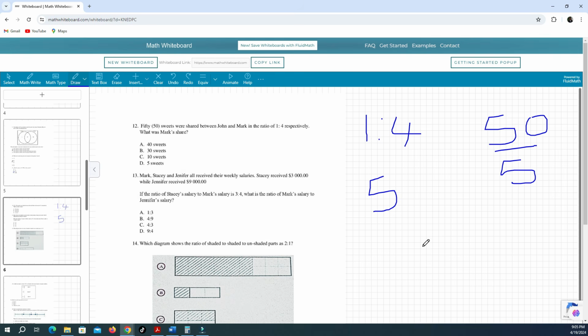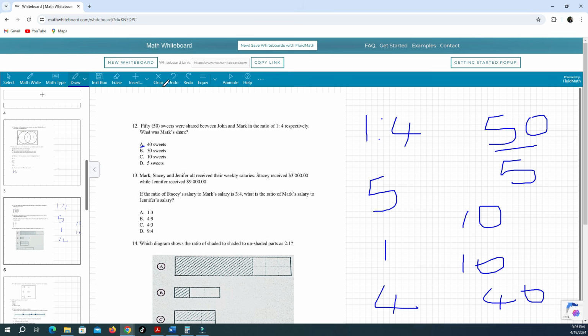Now we need to look at the ratio, which is 1 to 4, and put them over here, and then we have the 10 that we would have gotten, and 10 ones 10, and 10 fours 40. So John would get 10 and Mark would get 40, respectively. So it's 1 to 4. So Mark would get 40. So our answer should be 40.